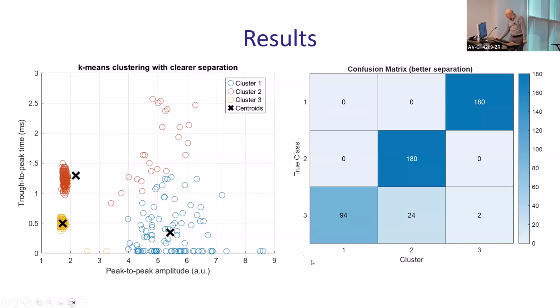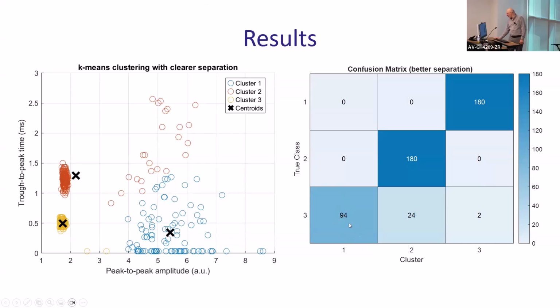So what happens is that 94 circles of correct class 3 were classified as cluster 1 in the K-means output. It's actually very good. All of them are classified correctly, but whatever K-means called class 1, you, as the ground truth labeler, called class 3. And that's fine. This confusion matrix is actually all good.